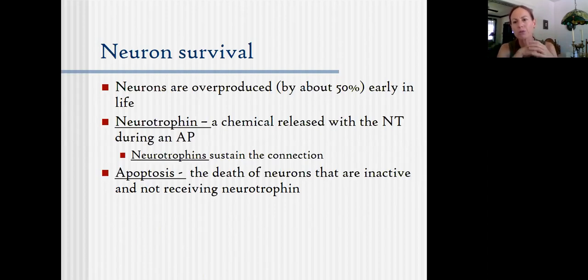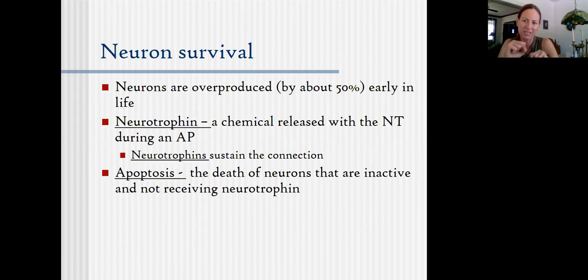But first, let's talk about neurotrophins. Neurotrophins are chemicals that are released with the neurotransmitter. They're not neurotransmitters, but they're similar chemicals that are released with the neurotransmitter during an action potential. What happens when you're a baby is that if you have these neurotrophins, that sustains the connection between those two neurons, because this neuron fires, it sends off neurotransmitters, but it also sends off neurotrophins. That sustains the connection between these two neurons.